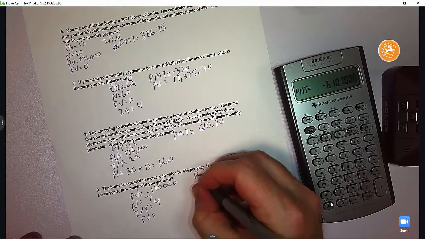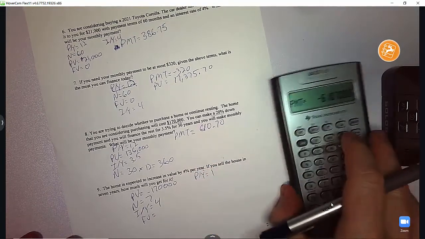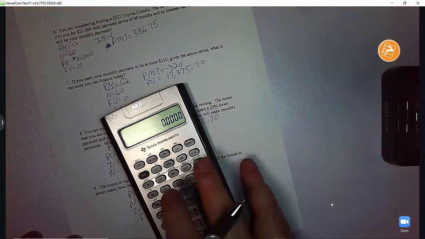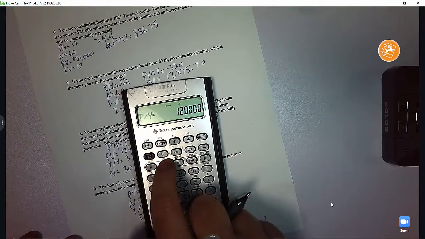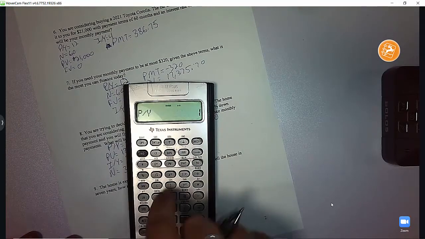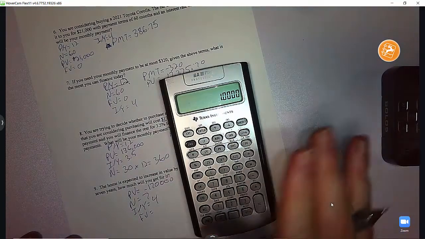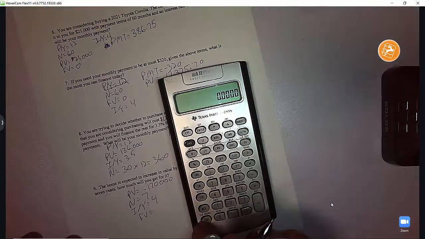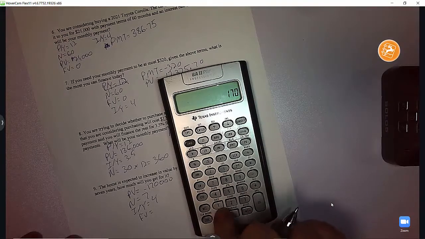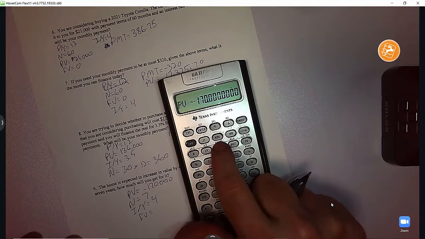My payments per year, I need to switch this back to 1. So I'll start with that, press second, and I/Y, and then 1, and then enter. And now I'm going to put in all the rest of my variables. Press second and clear everything out here. 170,000 negative is my present value.